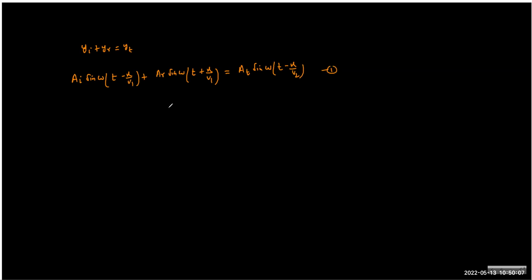If I call it equation one and put x equals 0, what do you get? AI sin omega t, AR sin omega t, and AT sin omega t, which will eventually give you the relation of amplitude, which is AI plus AR is always equal to AT.